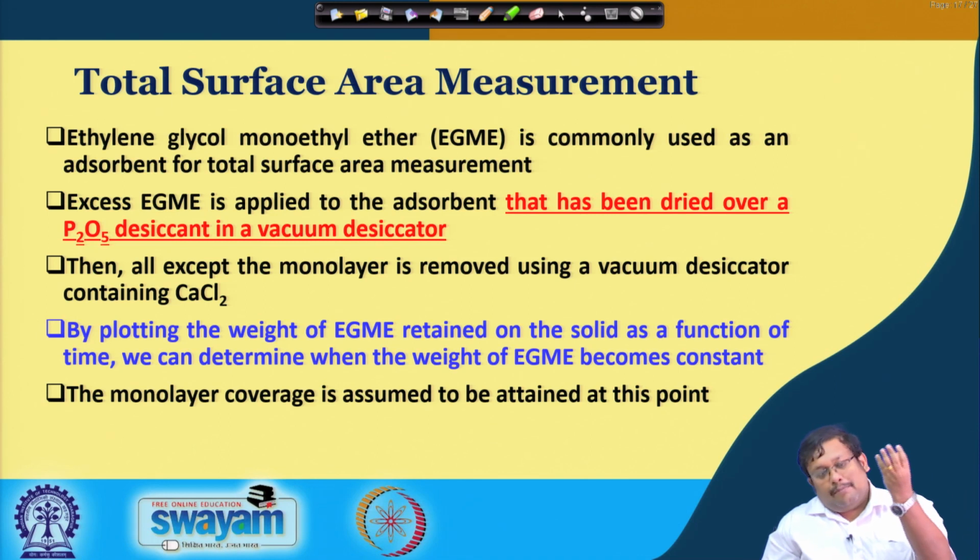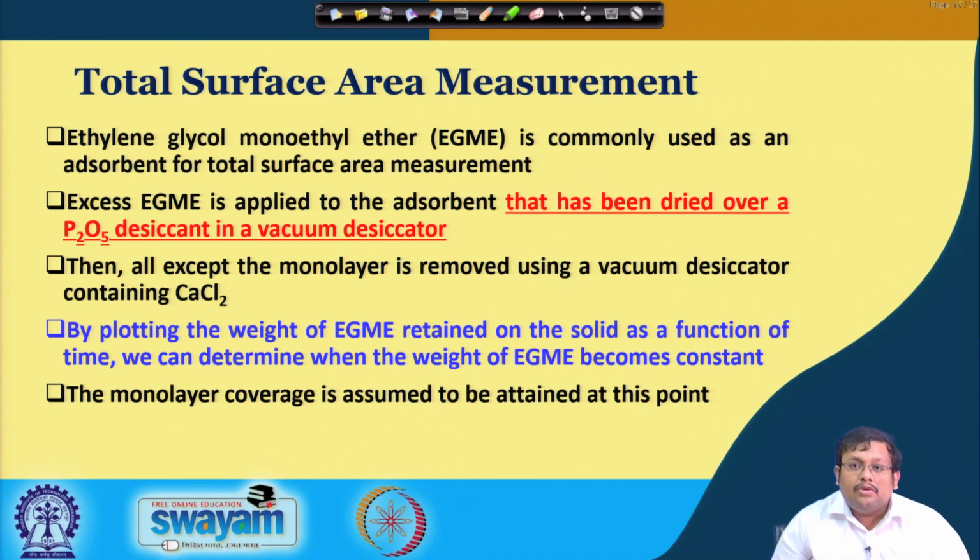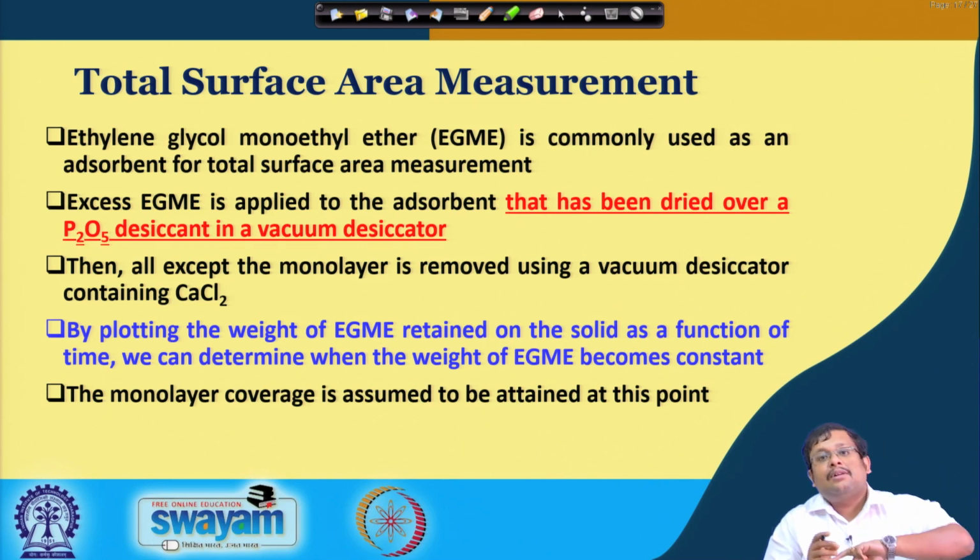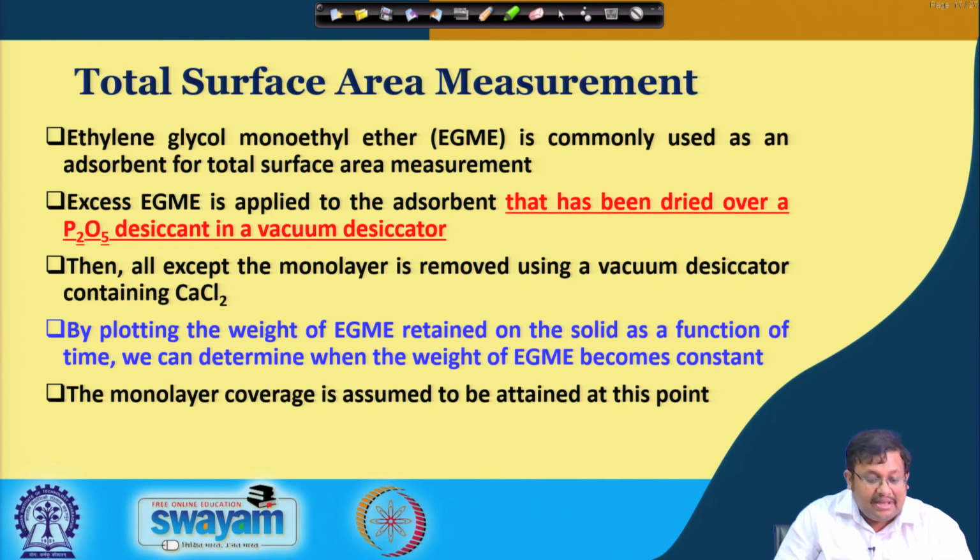So, we put the adsorbent and dry it in the vacuum desiccator in the presence of P2O5 desiccant, and then we put excess amount of ethylene glycol monoethyl ether or EGME. Then all except the monolayer is removed using a vacuum desiccator containing calcium chloride as a desiccant.